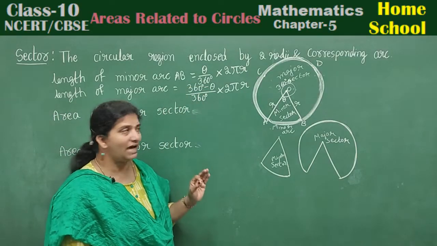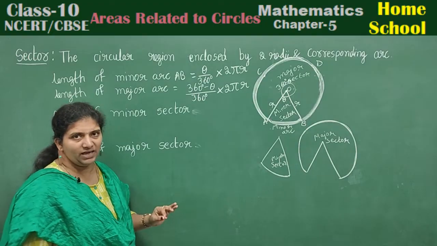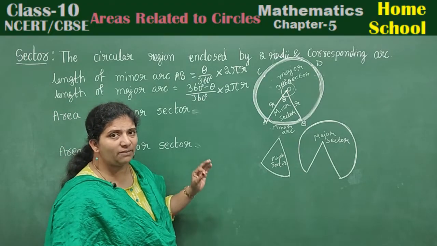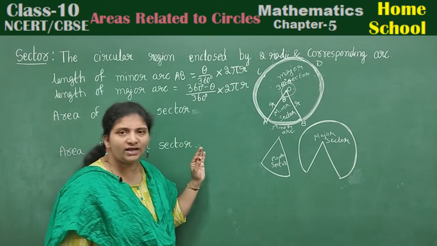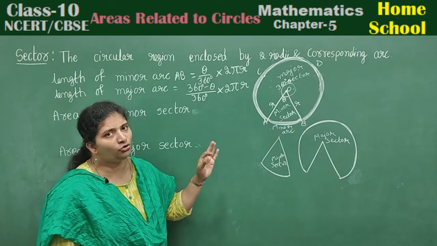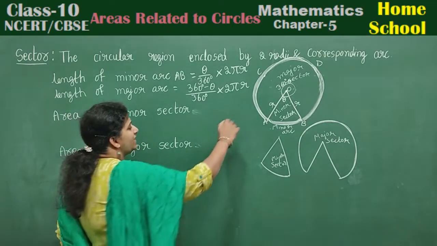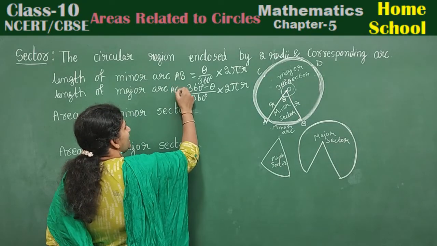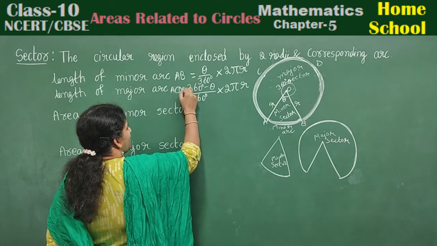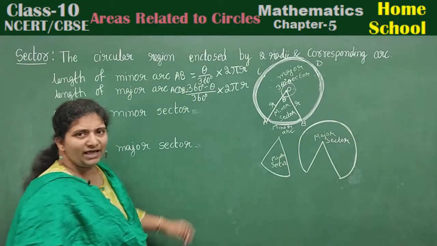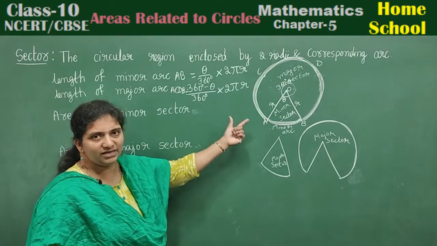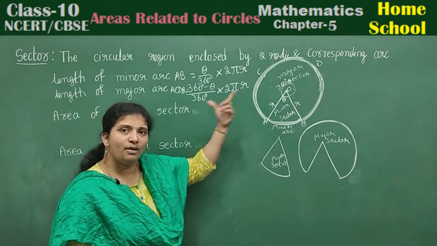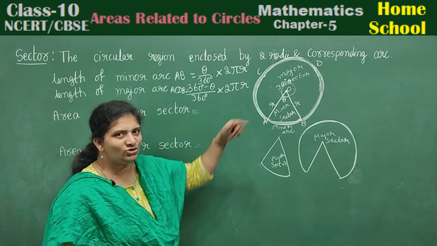Length of minor arc AB is equal to how much? Theta by 360 degree into 2 pi r. Length of major arc, if you want you can write here ACDB or ACB you can write. Okay, length of the major arc is 360 minus theta by 360 into 2 pi r.